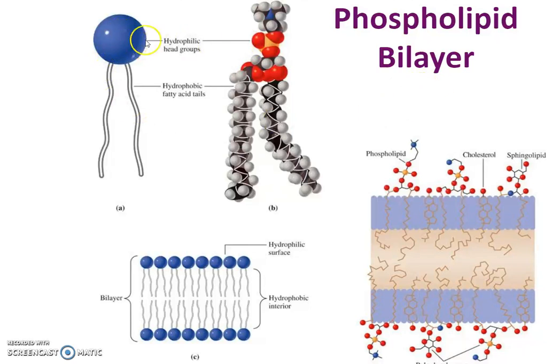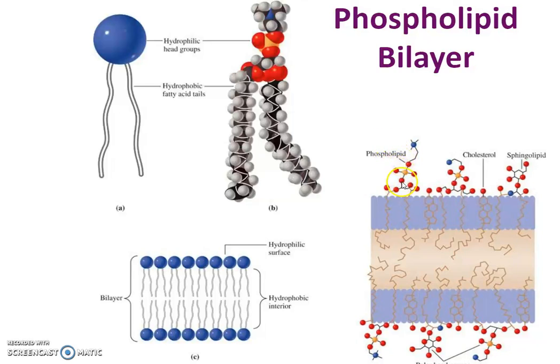So the hydrophilic heads, which are the phosphate groups, like water, so they turn towards the water inside and outside the cell. And then the hydrophobic fatty acid tails hang out on the inside, away from the water, and that's what creates this bilayer.